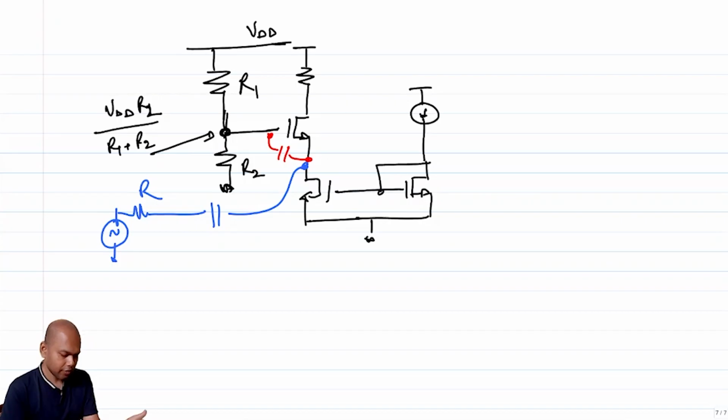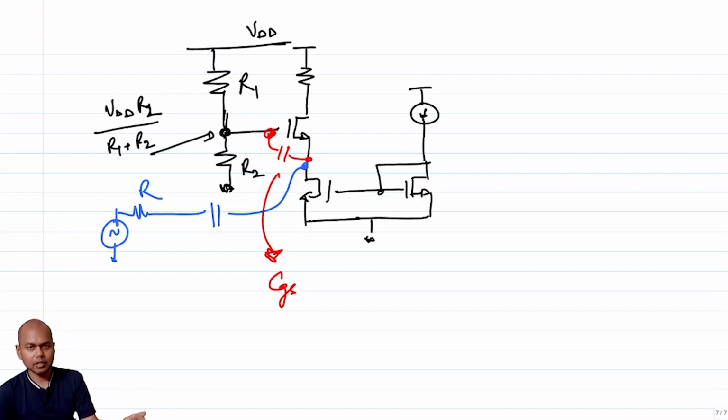I am always going to have CGS capacitance between the source and the gate of the transistor.